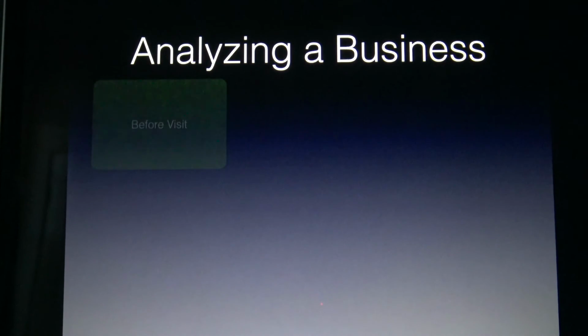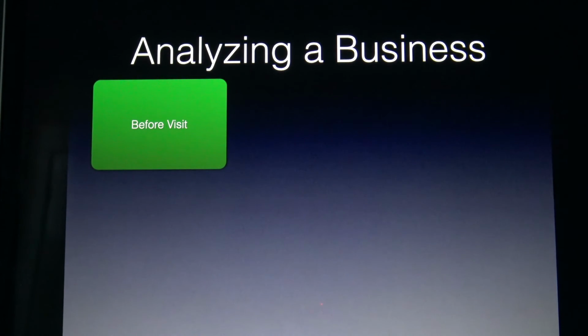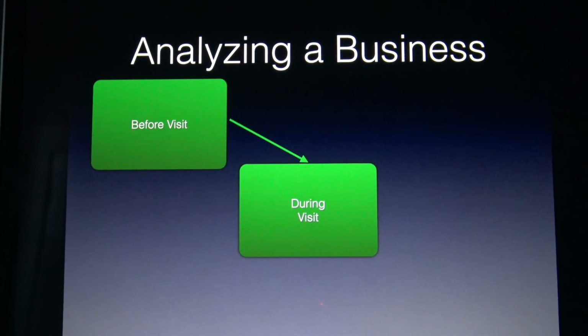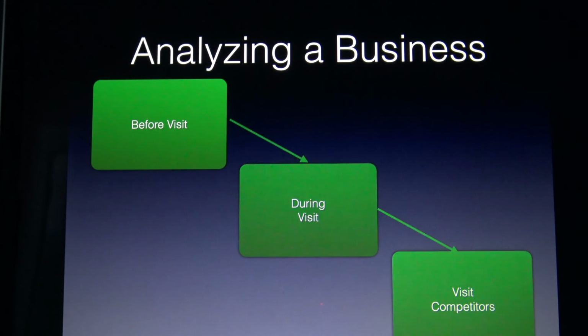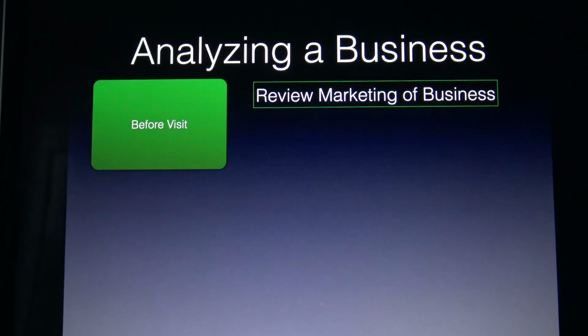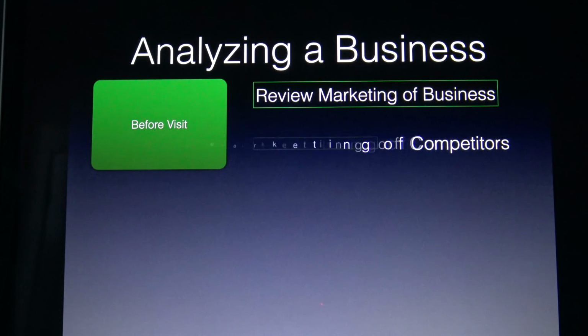When you analyze a business like this, there's basically things you do before the visit, whether the visit's in person or online, things you do during the visit, and what you do, you go visit some competitors and see how they stack up. Before the visit, review the marketing of the business, see what's out there, what things are drawing people to come in and interact with this business.